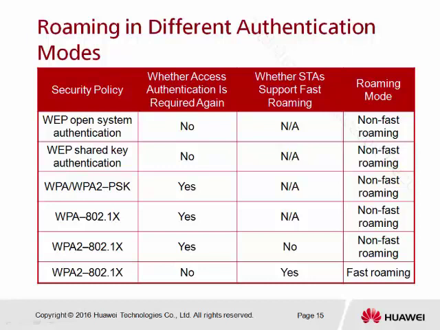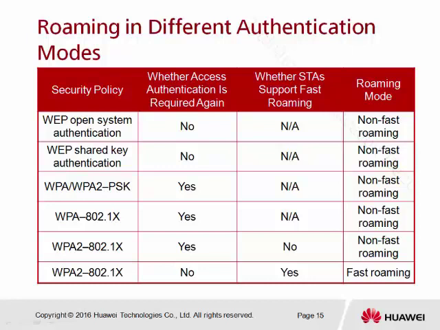This means when you perform roaming from one area into another, you have to do the authentication again every time you roam to a new area. And the same goes for WEP. Both of them cannot support fast roaming here.